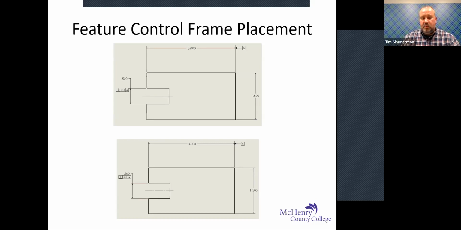Depending on what this part is used for, and this is something I just drew up in SolidWorks as an example, let's say this feature is mounted to a table and something rolls back and forth inside that slot. Having the center plane be perpendicular is probably more advantageous, because if the top and bottom start to get a little out of crooked from each other, you might bind up at certain areas. If whatever rolled back and forth only contacted this face, then that's the reason you would call it out just on that surface.